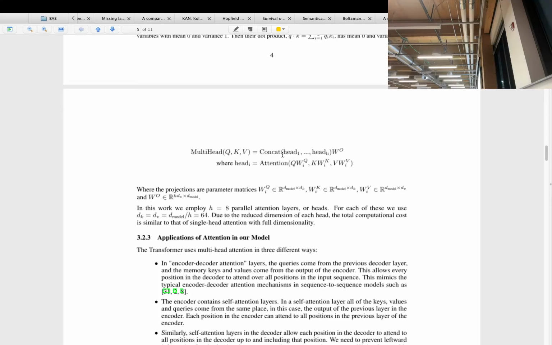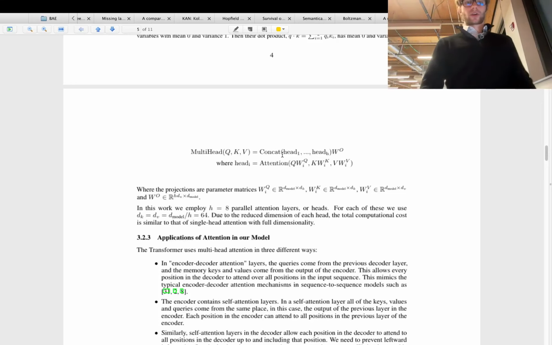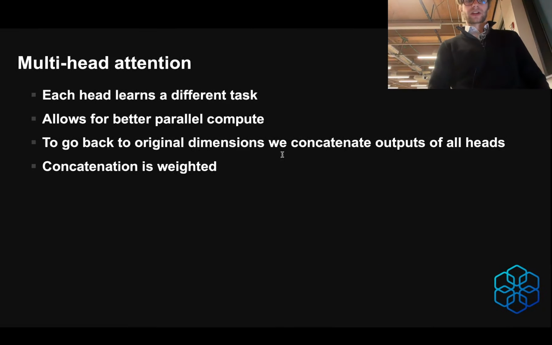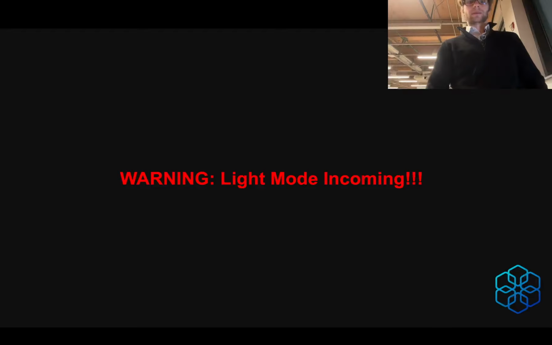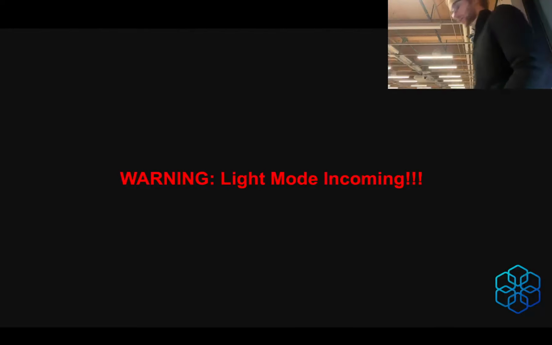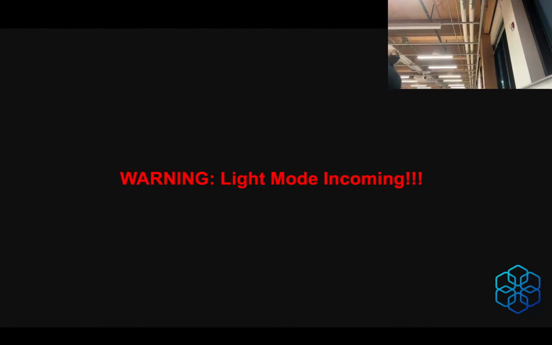What do I mean by that? For example, quiet warning, light mode is incoming, because my plots were with the black font, so you wouldn't be able to see it.